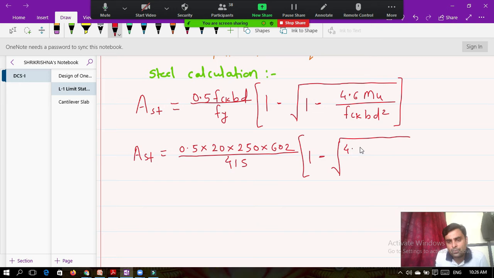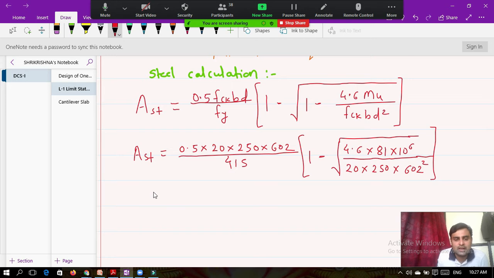It is 4.6 into Mu, our bending moment, 81 into 10 raised to 6, whole divided by fck b d square. fck is 20, b is 250 and d is 602 square. Bracket complete. Now somebody please do this calculation quickly. Others please check the calculation and let me know the value of area of steel. Tell me what is the area of steel.